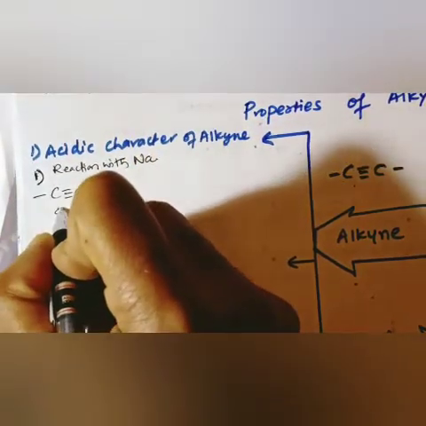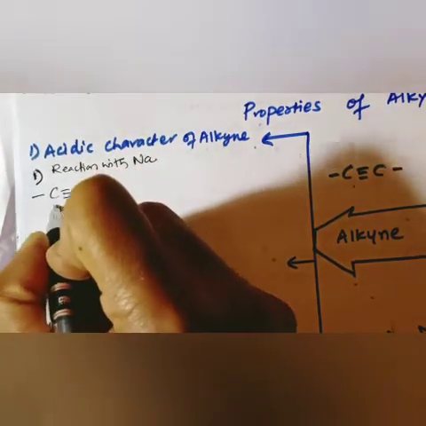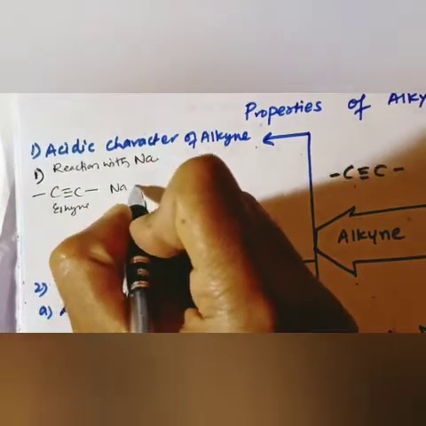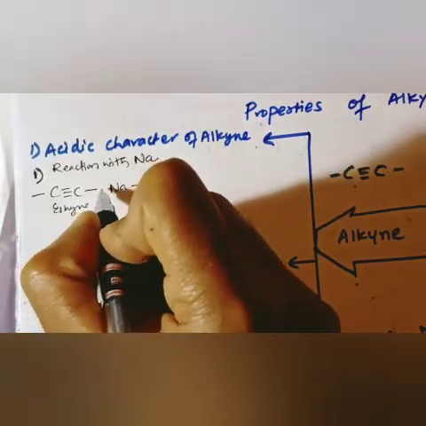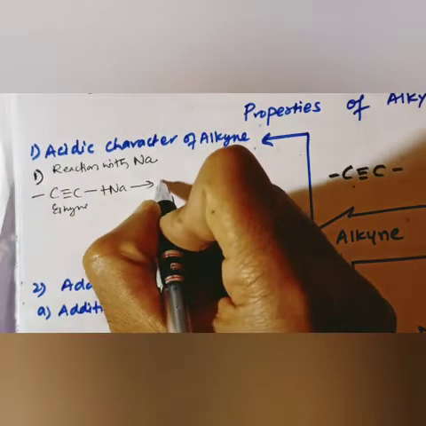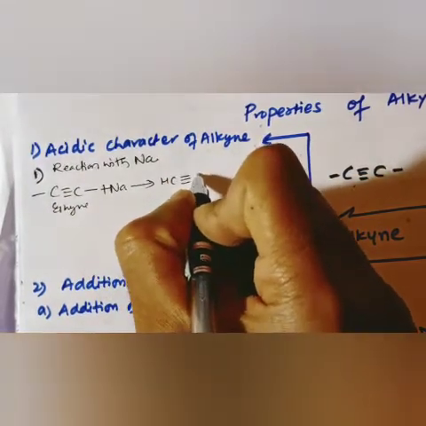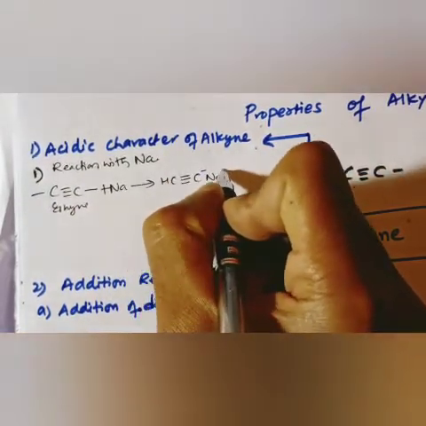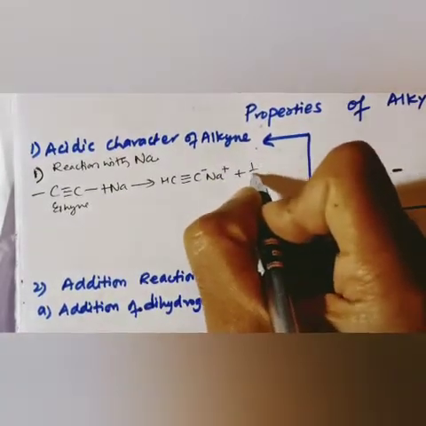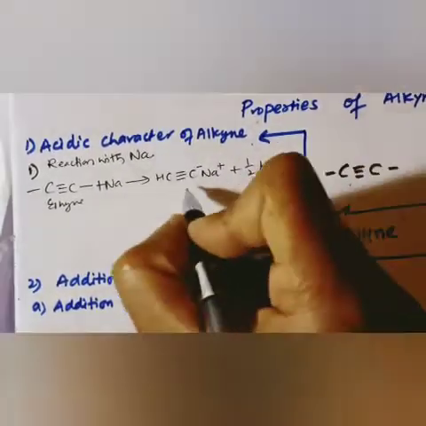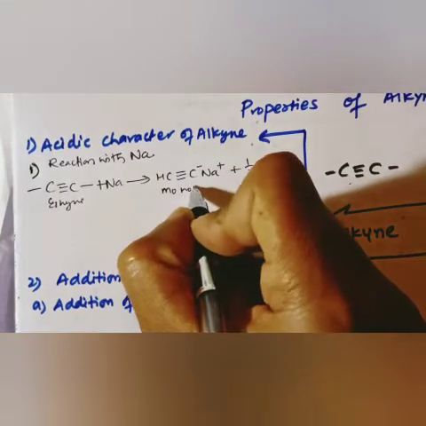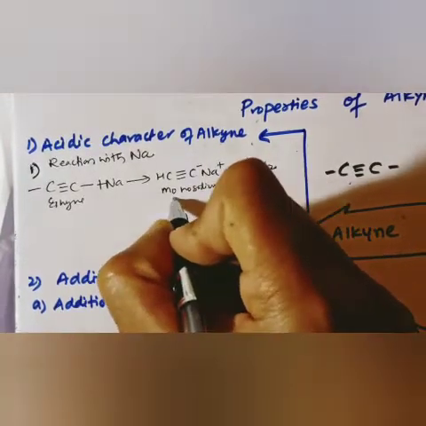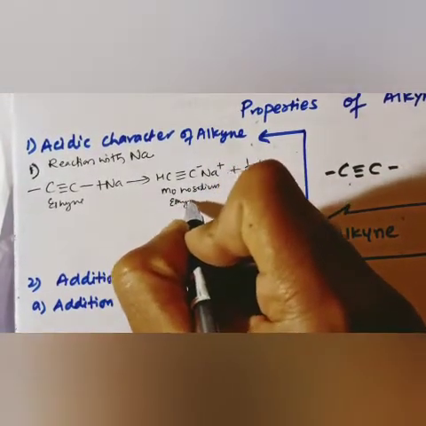When alkyne or ethyne reacts with Na, it will convert into HC triple bond C negative Na positive plus half H2. So it is monosodium ethynide.